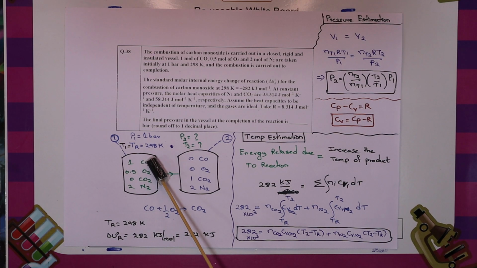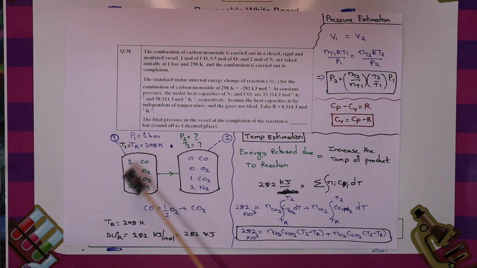Because 1 mole of CO got reacted, the total energy is 282 kilojoule. The basis is 1 mole of CO. And the beauty is that the internal energy of reaction is given at the reference temperature, which is 298, and state 1 is also at 298. Because of this, there will be less mathematical complication, since the reference temperature and initial temperature are the same. Let me explain in essence.